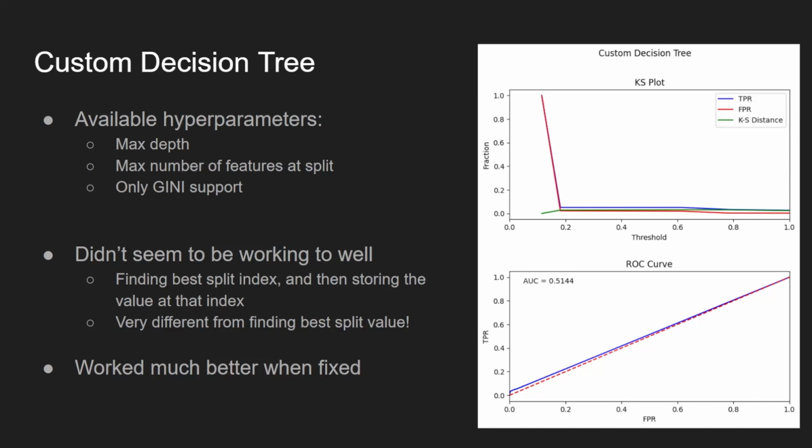We could use our class label: they either quit or they didn't quit. The initial implementation of the decision tree could arbitrarily split in the zeros. If it's 5 zeros in a row and 3 ones, it could arbitrarily decide to split in the middle of the zeros. That didn't work, and that's what caused our issue on the right. After fixing this and splitting by value instead, we had much better results.